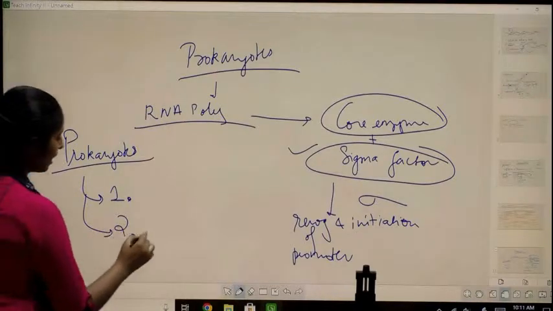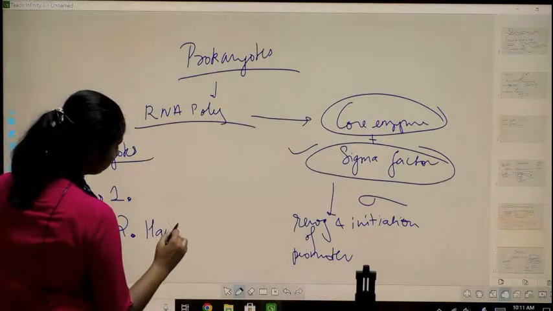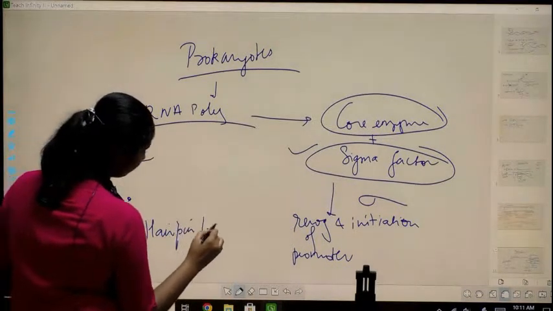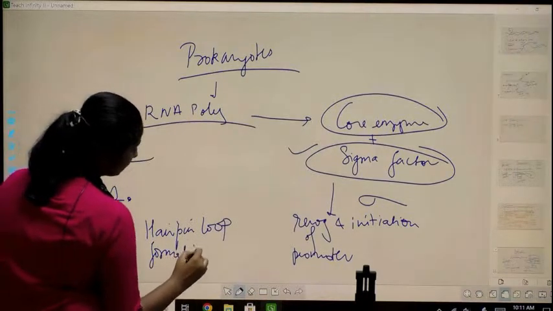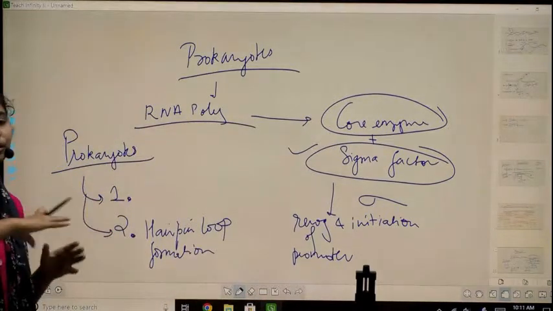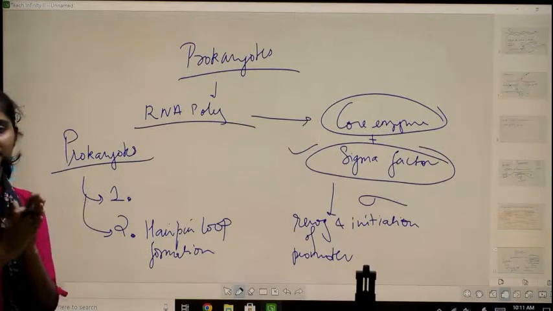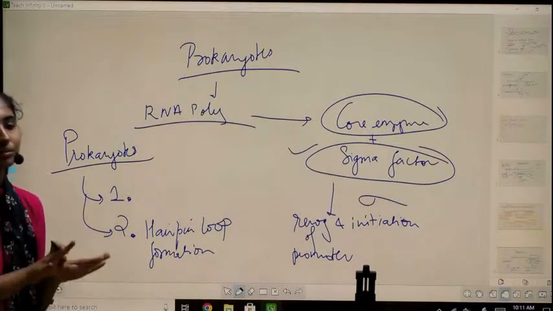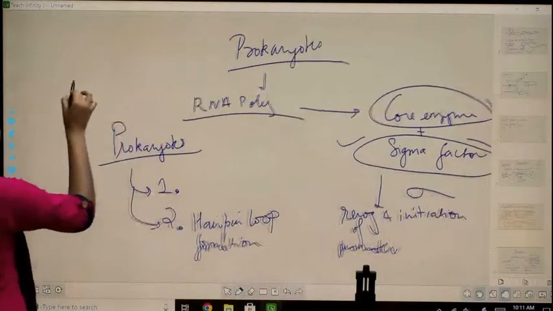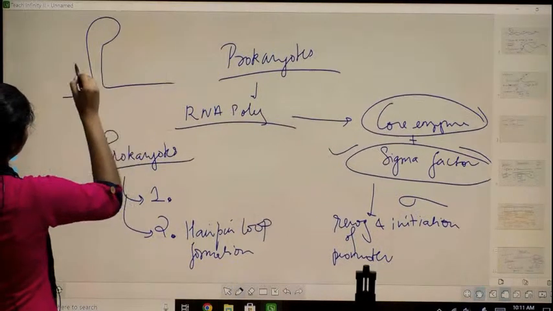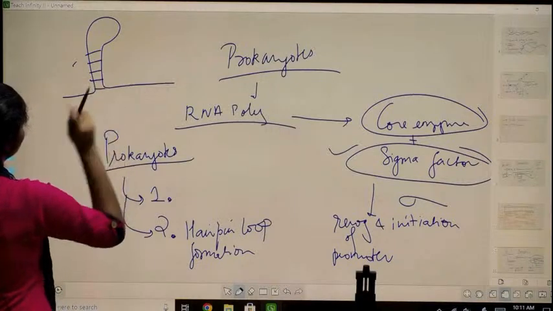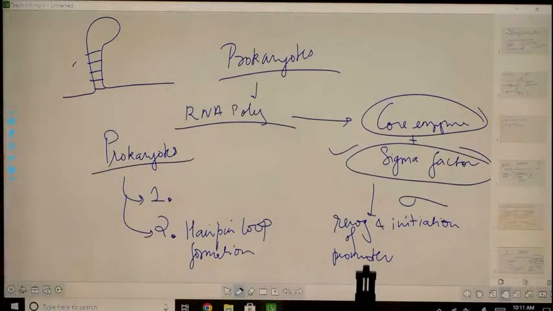So here there is a hairpin loop formation. The mRNA that is transcribed is going to form a hairpin loop, and as a result it is going to arrest the process of transcription, right? So something like this will be formed and it will stop the process of transcription, right?